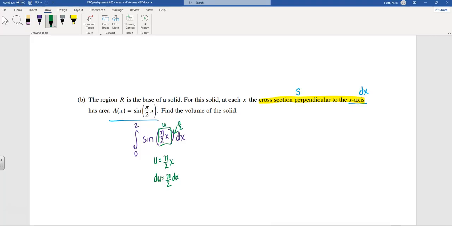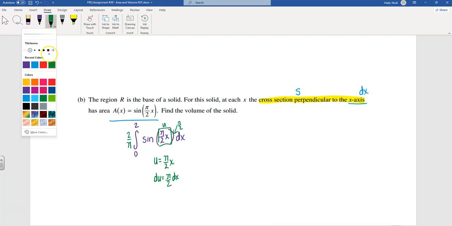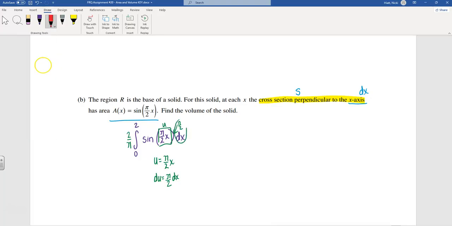What do I have to do out front? Flip it, 2 over pi. So this piece right here, that's my du. So if I convert this, I've got 2 over pi integral of sine of u du.